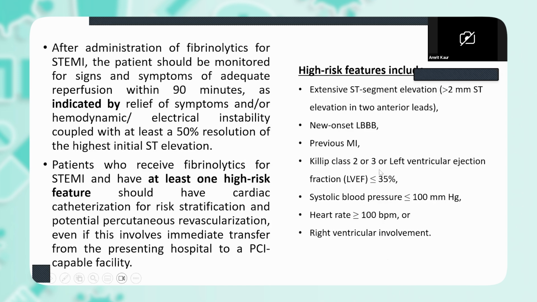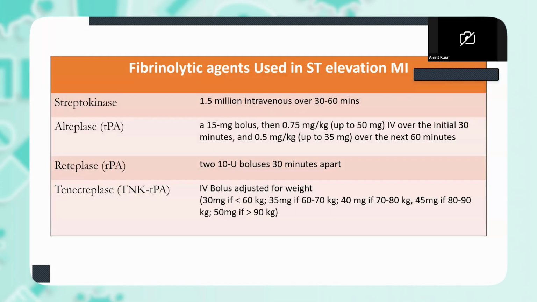If the patient has an ejection fraction of 35%, this is a recurrent MI, it was a new onset left bundle branch block, and it was an extensive ST elevation MI. After thrombolysis, immediately refer them to a PCI center. These are the commonly used agents: alteplase, reteplase, and tenecteplase.